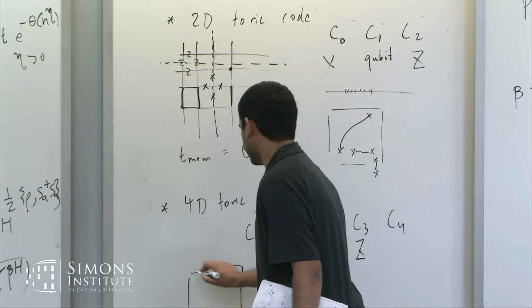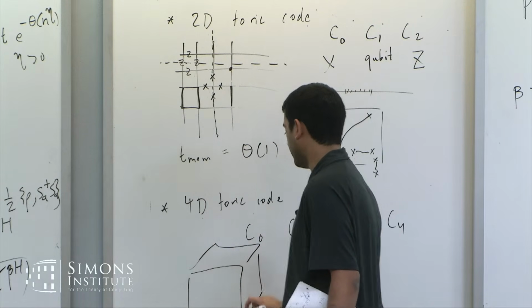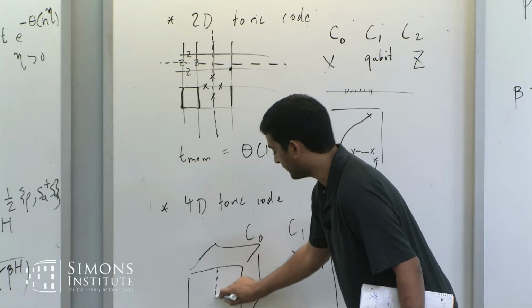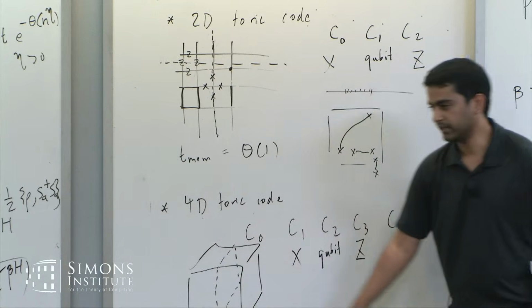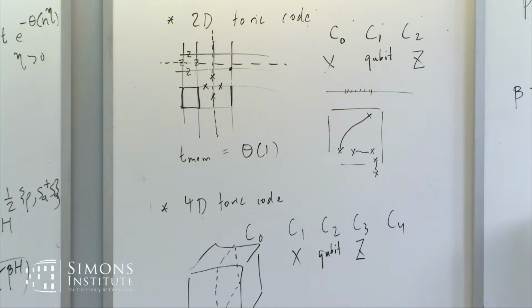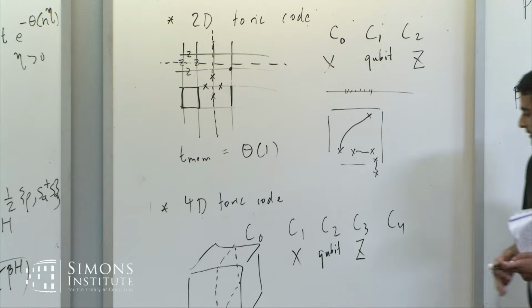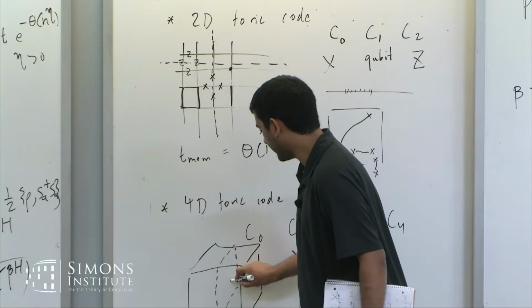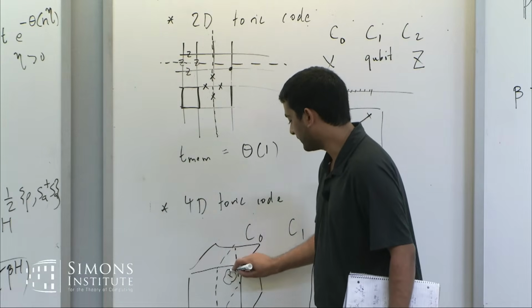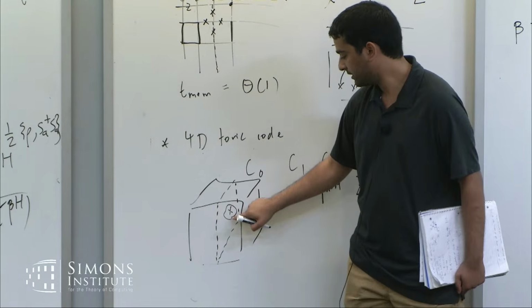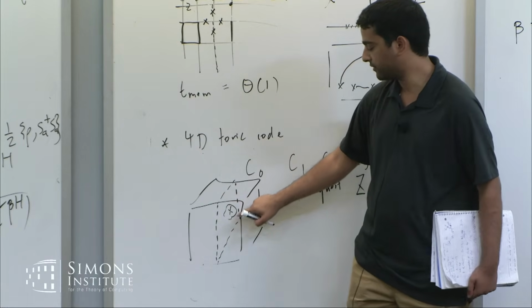So this means that, I'm drawing this in 3 dimensions. But in order to apply a logical operator, I have to apply an operator geometrically supported on this membrane surface. And this is very similar to the two-dimensional Ising model. And the reason why it's similar is that if I apply an error in the quantum code, the syndromes that it violates are localized in the boundary of this error domain.